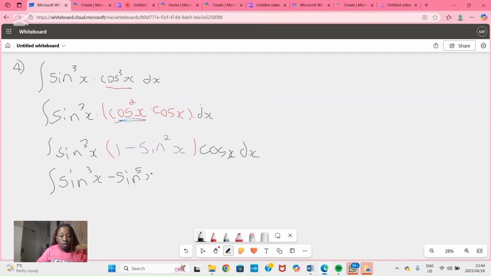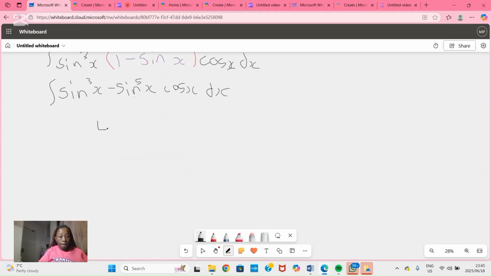When you're multiplying the same base, you're adding the exponent. Then we have our cos x dx. So we have sine 3x minus sine 5x.